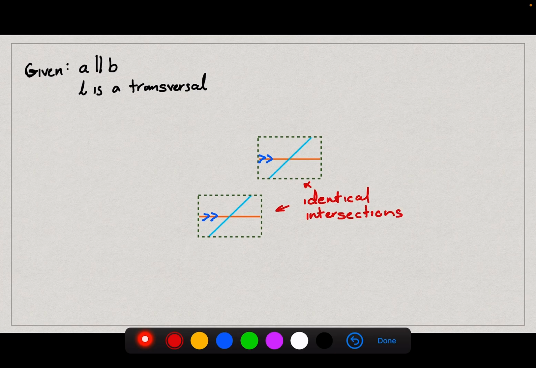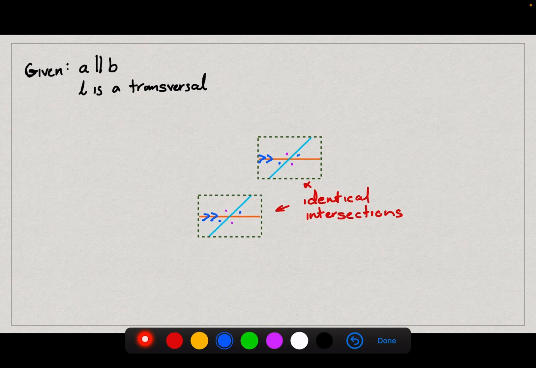And what that means is that if we notice that we have say an obtuse angle here and an obtuse angle here, both those angles are going to be congruent. Both these angles are going to be congruent. This angle is going to be congruent to this angle, and this angle is going to be congruent to that angle.